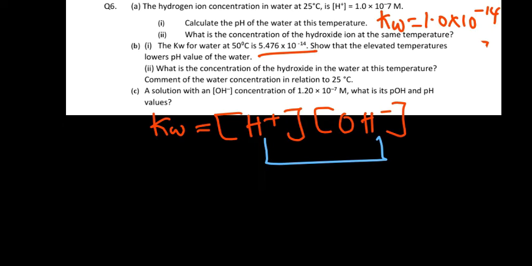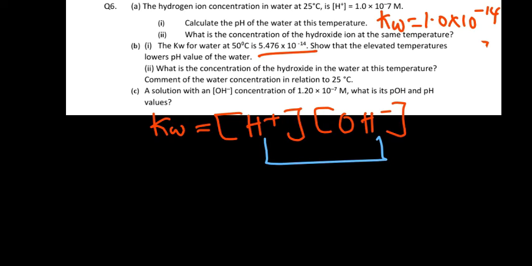So we got something like 2.34 times 10 to the power negative 7.